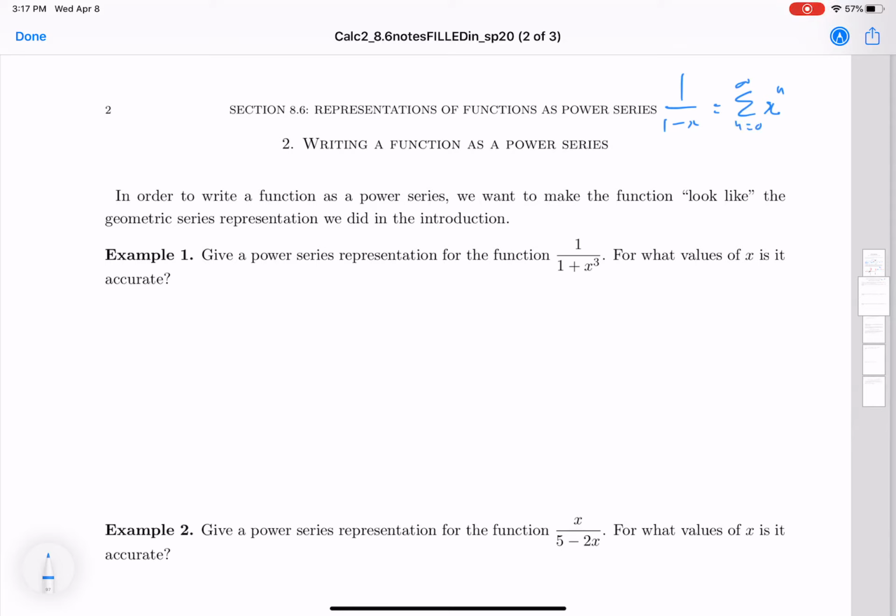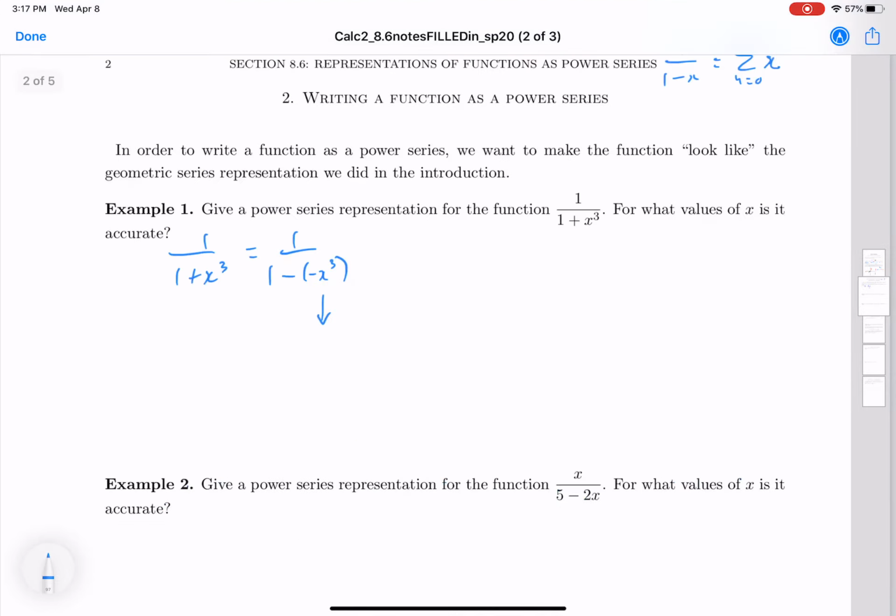So when I look at this, I think, 1 over 1 plus x cubed. Well, I could rewrite that as 1 minus a negative x cubed. And this right here is then taking the place of the x that I'm putting in over here.